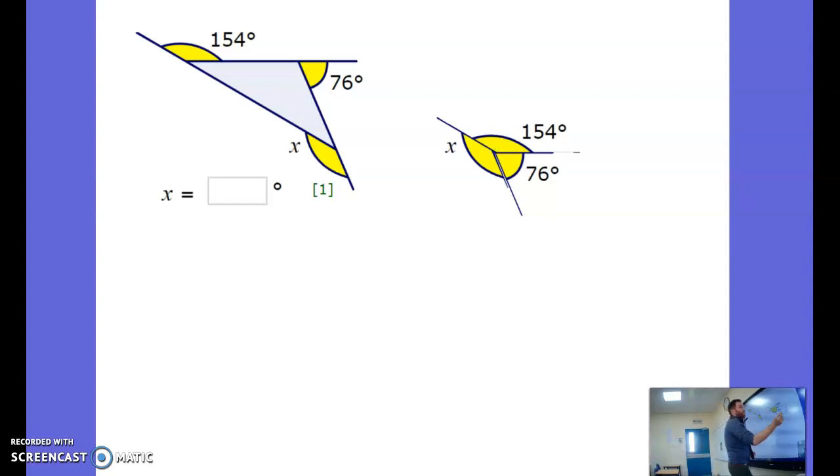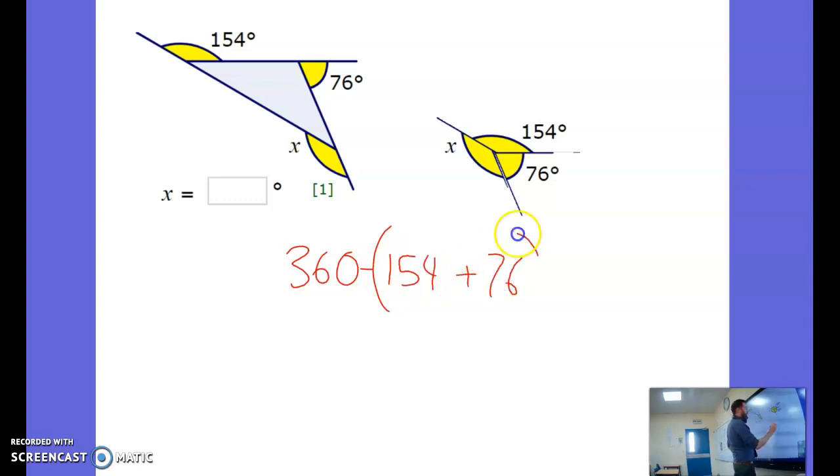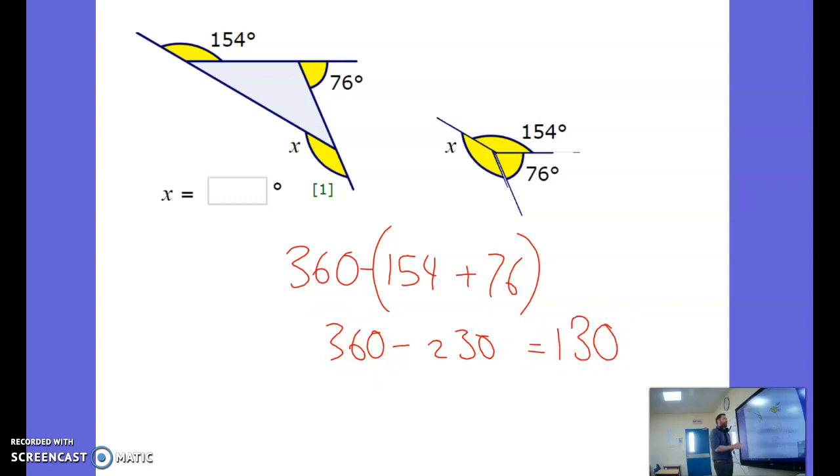So if I do 360 minus 154 and 76, I'm going to get 154 plus 76 is 230. So 360 minus 230, I think, is 130. And that is what x is, 130 degrees, because they all add up to 360. So look out for those three exterior angles there, they add up to 360.